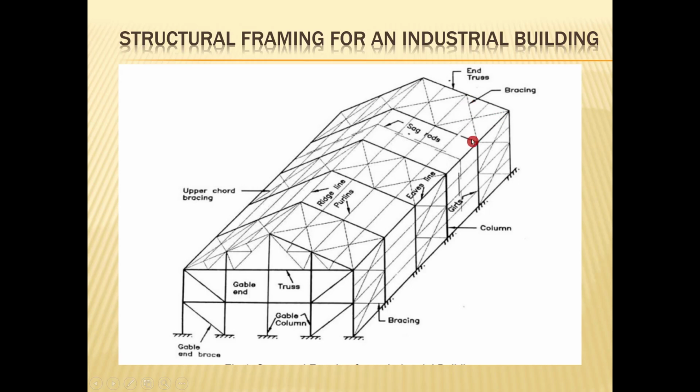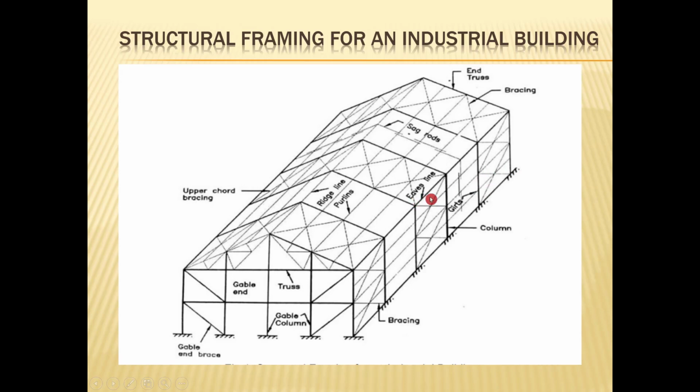These are the cross bracings which help in taking the lateral load as well as keeping the geometry of this area. And we have the columns throughout the length of the building, and girts are the horizontal members connecting the columns, which will help in resisting the wind loads.